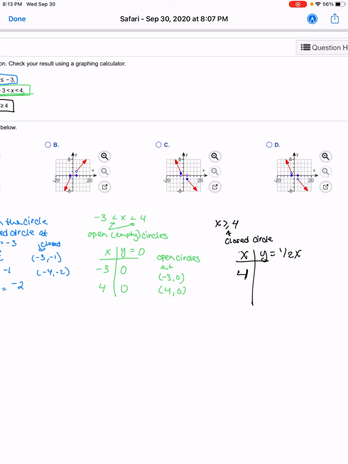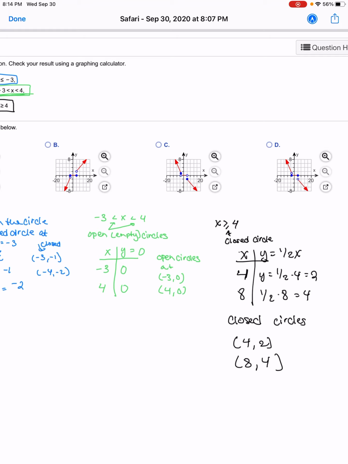I would choose an even number because I know I'm going to multiply it by 1/2. So let's take perhaps an 8. When x is 4, y equals 1/2 times 4 is 2. When x is 8, we get 1/2 times 8, which is 4. So we have closed circles at the points 4, 2, and 8, 4.